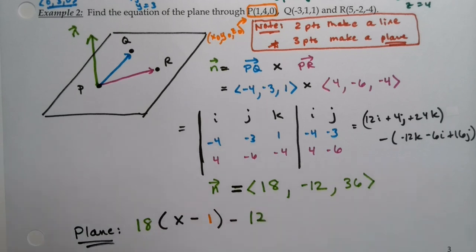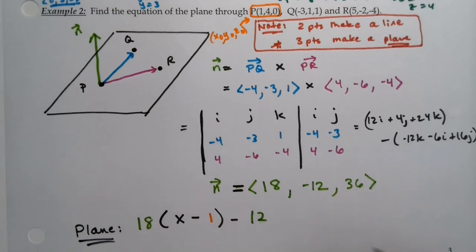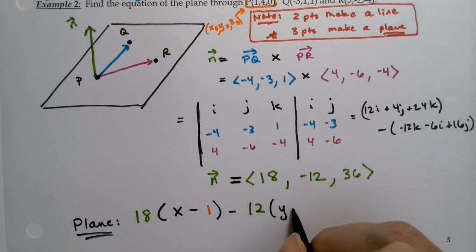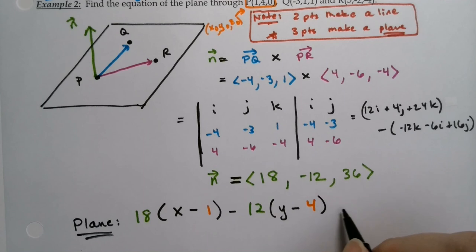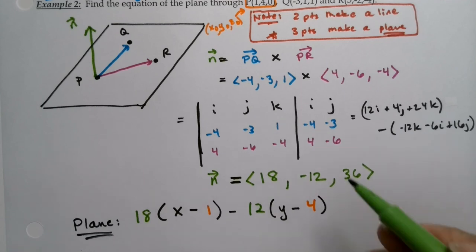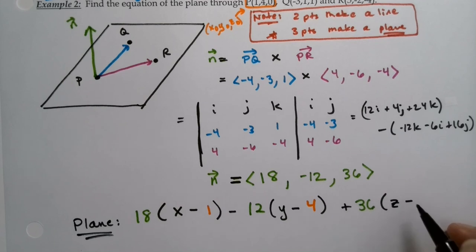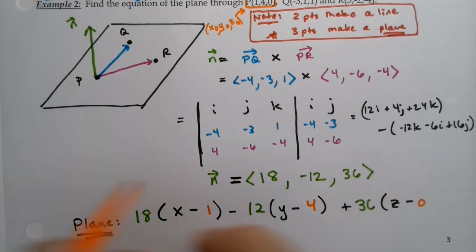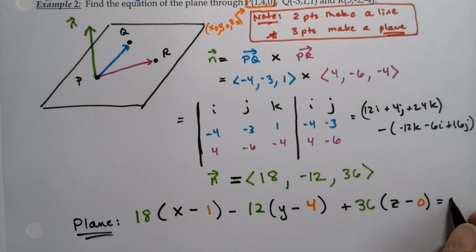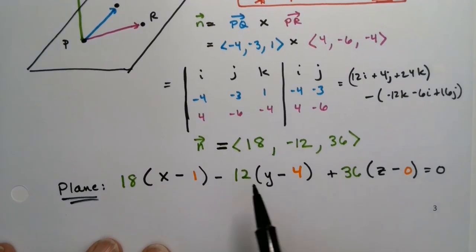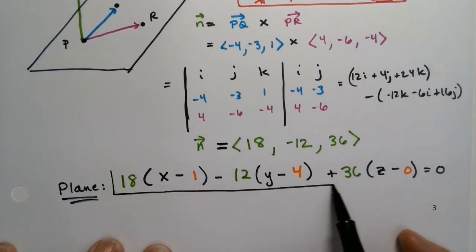I did minus because it's really plus a negative 12. And then y minus, and my y0 is 4. And then plus 36 times z minus 0. And all of that equals 0, right?